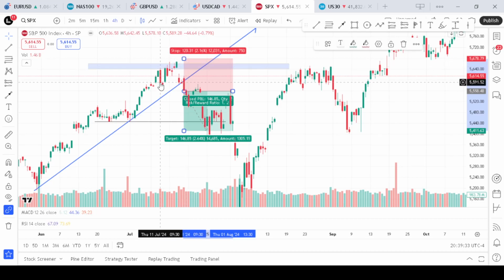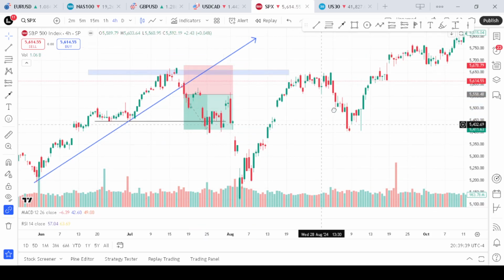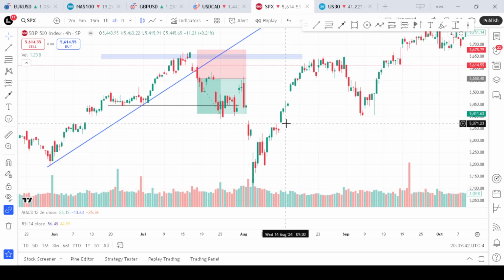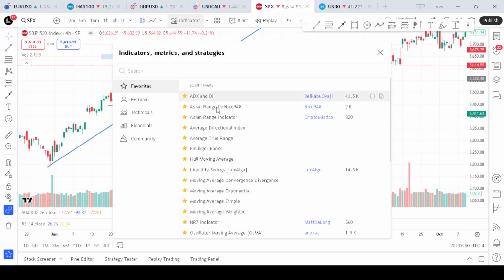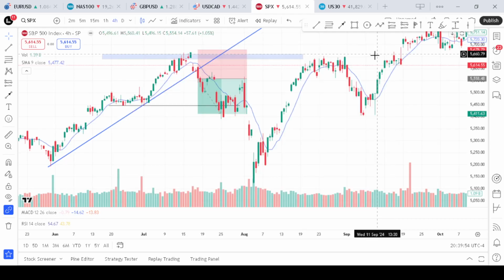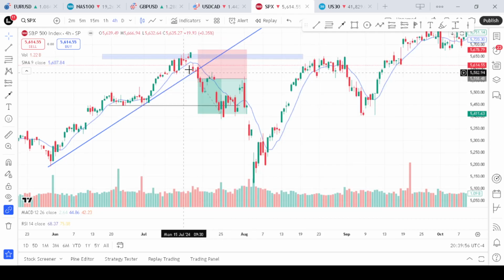In case you want to add other technical tools to this particular forex trading strategy, we can also add moving averages to show exactly when price decides to go below our moving average, confirming that we can sell.